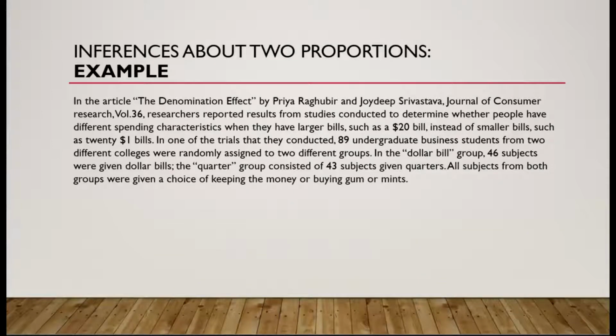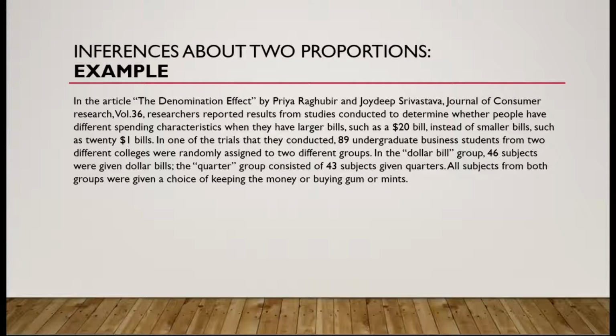In the article, The Denomination Effect by Priya Raghubir and Joydeep Srivastava, Journal of Consumer Research, Volume 36, researchers reported results from studies conducted to determine whether people have different spending characteristics when they have larger bills, such as a $1 bill, instead of smaller bills, such as quarters.